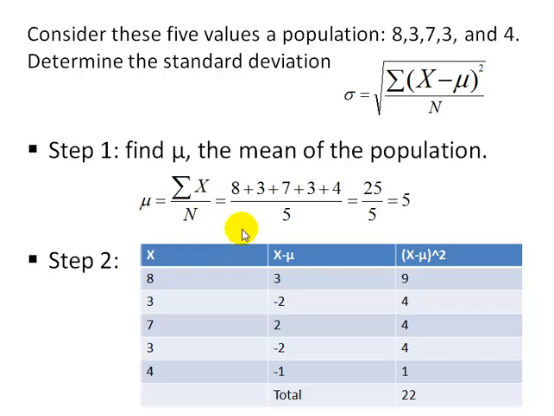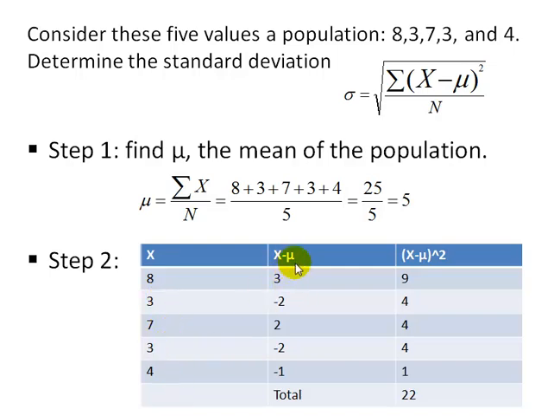And the next step, let's list all the values under x, because we use x to represent the values of the population. The second column is x minus mu. Because we have different x but the same mu, mu is 5 and x is 8, 3, 7, 3, 4.